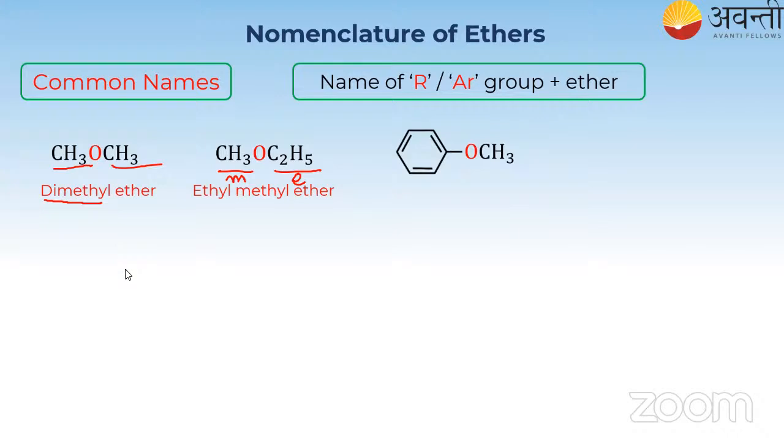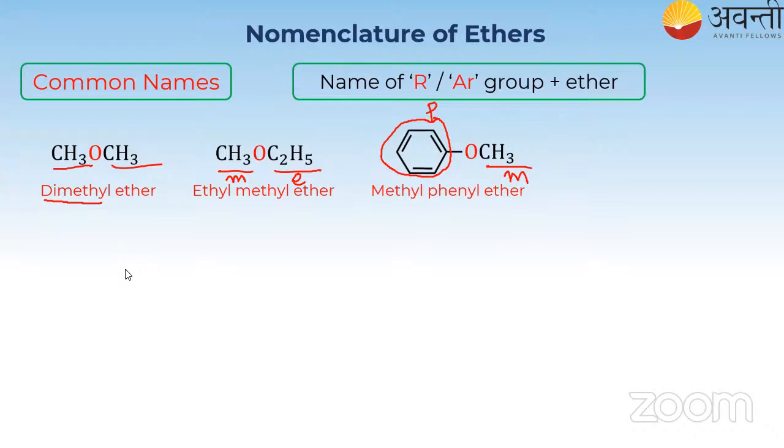The next compound is C6H5OCH3. Here this group is called methyl, and this C6H5 ring is called the phenyl ring, which starts with P. According to the alphabetical order, M comes first, so it is called methyl phenyl ether.